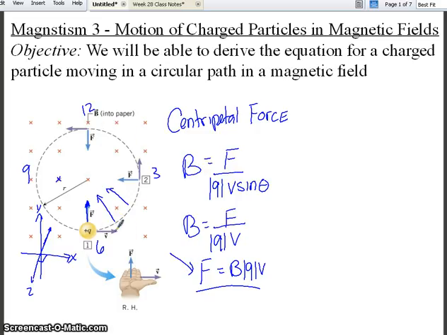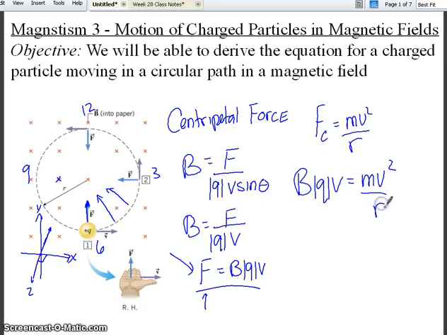So the centripetal force is equal to mv squared over r. So if the magnetic force is equal to the centripetal force, then that means that B Q V equals mv squared over r. So from this, we can see that one of the v's cancels out.